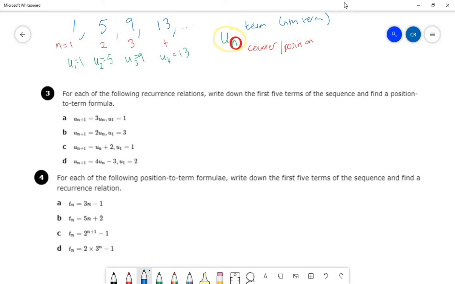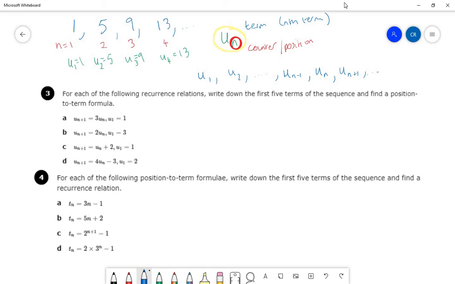So if you've got a sequence, you've got u1, u2, and you keep going, and then at some point you'll have the nth term. The one before that would be the n minus 1th term, the one after it would be the n plus 1th term, and so on. Okay, so that's how it works.